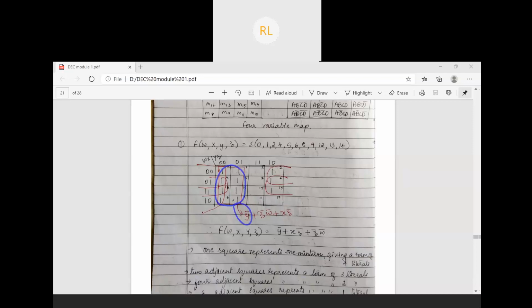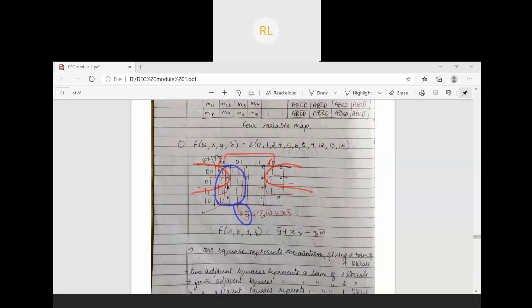Now the second one, we will take this one as one group. If I take this one as one group, just look at the board. You will have 0, 0 and 1, 0. So what is going to cancel out? My y is going to get cancelled out, and I'm going to get only 0 remaining. 0 is nothing but my z bar.